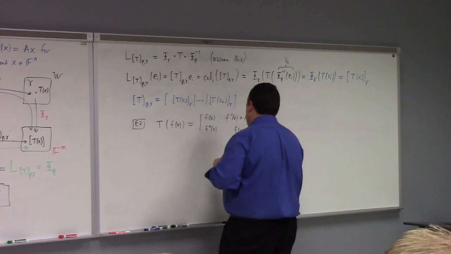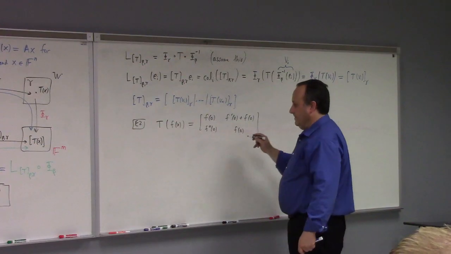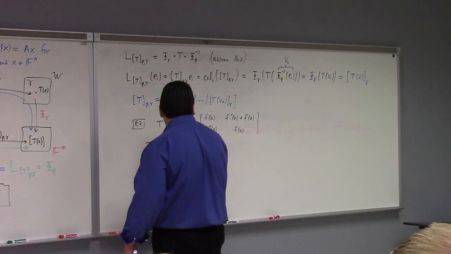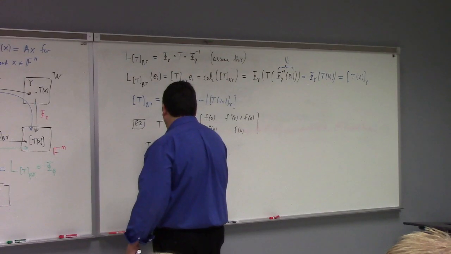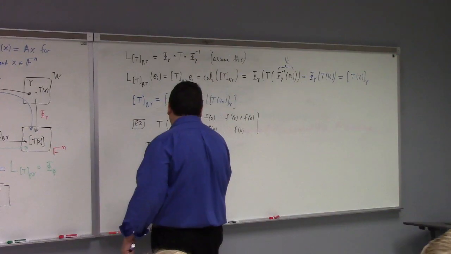All right. And we want to make T go from where to where? Let's do P2, and its output apparently is R 2 by 2.